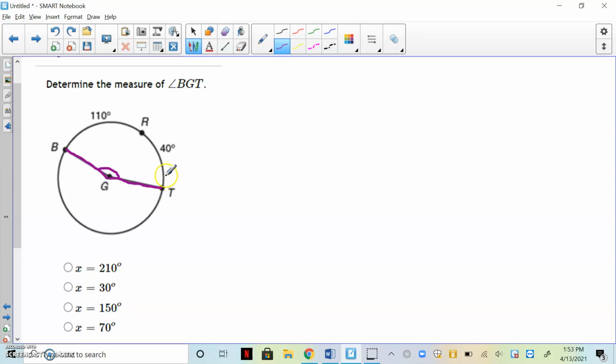That whole thing put together, this whole arc, is 150 degrees. So we know that arc BT or BRT is going to be 110 plus 40, which is 150.